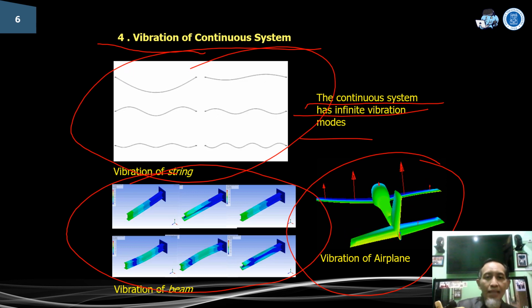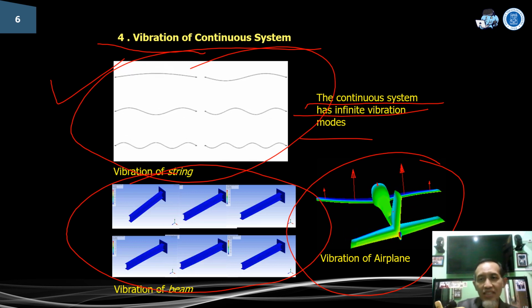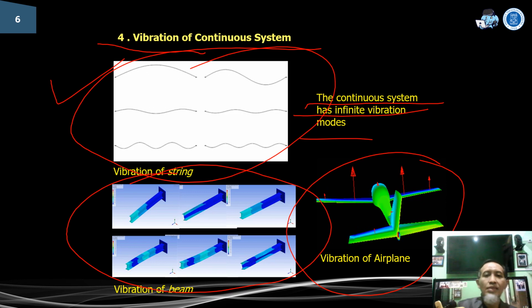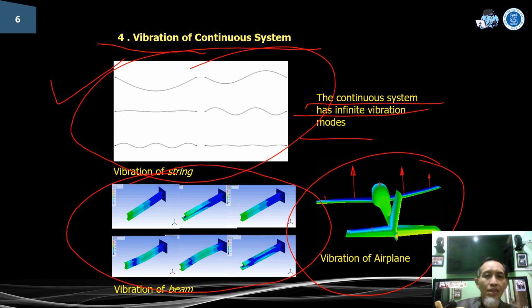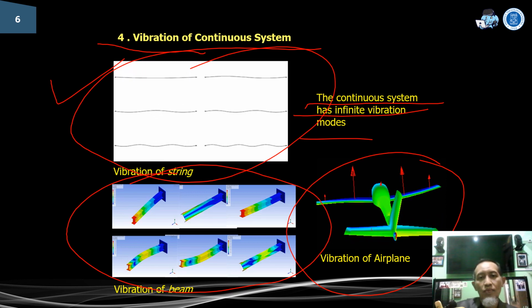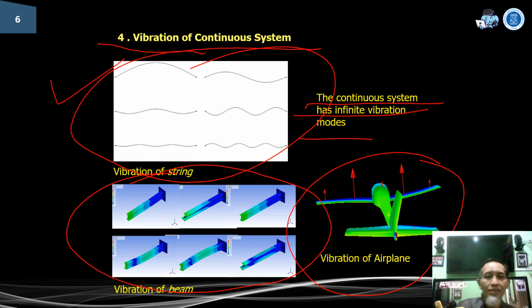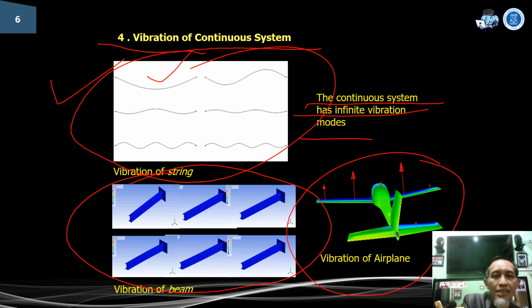In this slide, I only show 6 mode shapes. This is the first mode shape. This is the second.